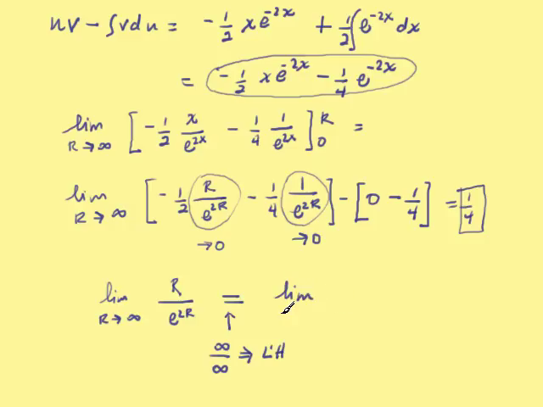The derivative of the top with respect to r is 1, and the derivative of the denominator is 2 e to the 2r. So now it's of the form 1 over infinity, and this goes to 0, like we said. So this evaluates to 1/4, so it converges to 1/4.